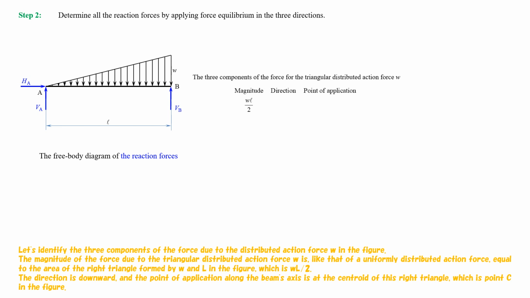The direction is downward, and the point of application along the beam's axis is at the centroid of this right triangle, which is point C in the figure.